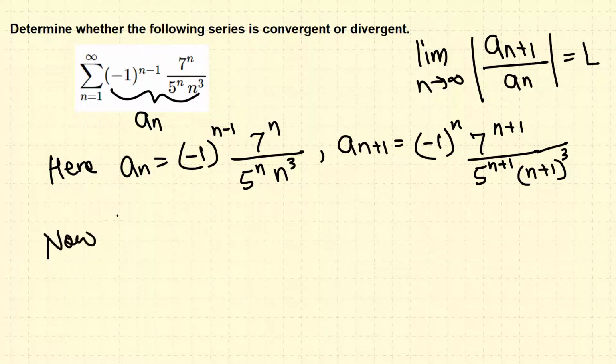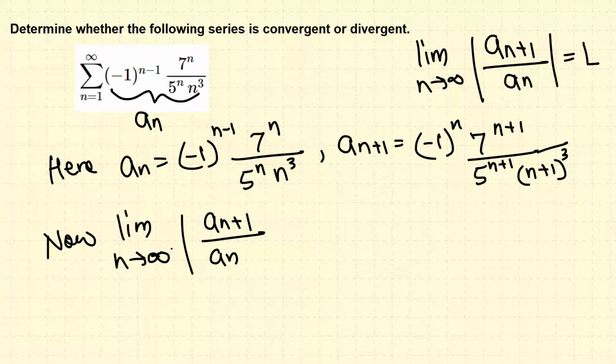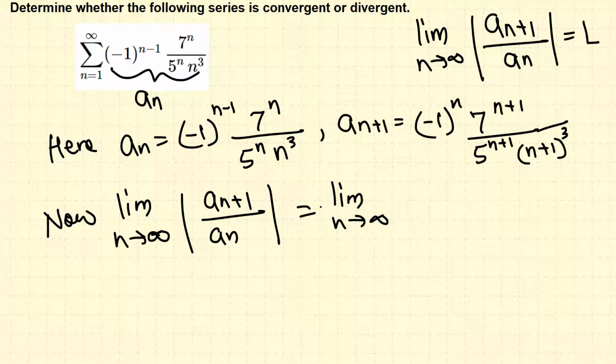Now we take the limit of the absolute value of an plus 1 over an. That is the limit as n goes to infinity, and when we take the absolute value, all the terms will be positive. So this -1 to the n is producing negative, positive, -1, positive 1.